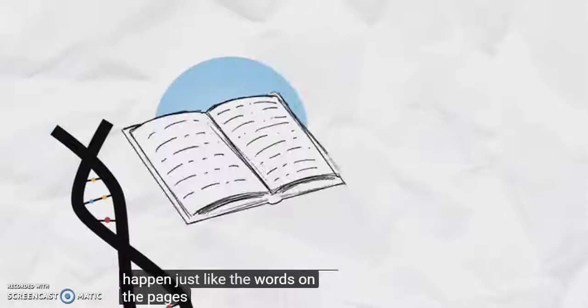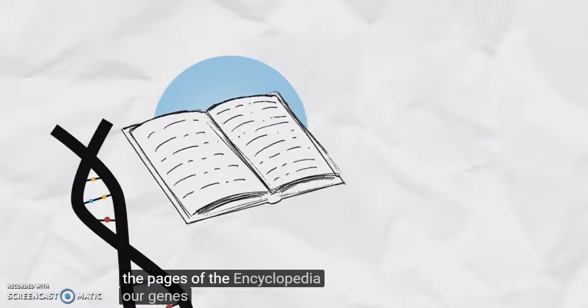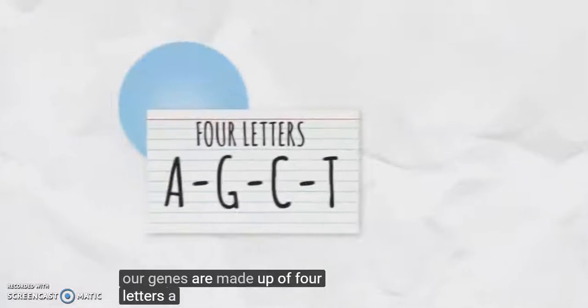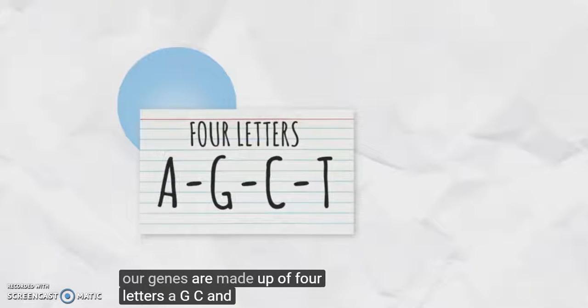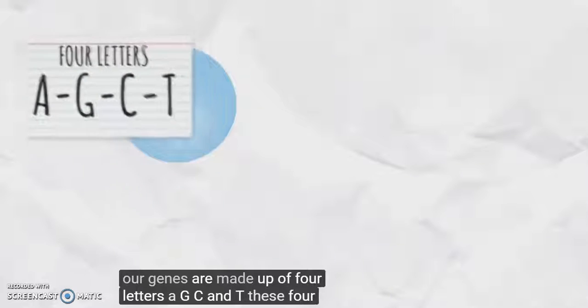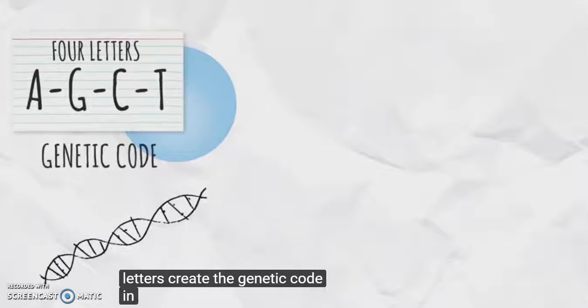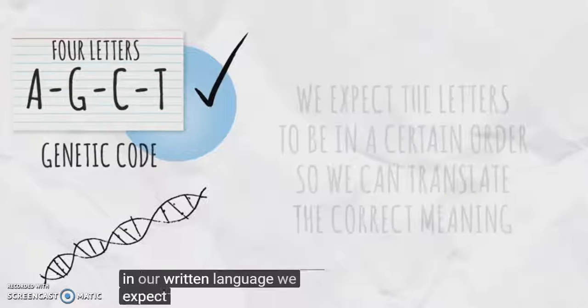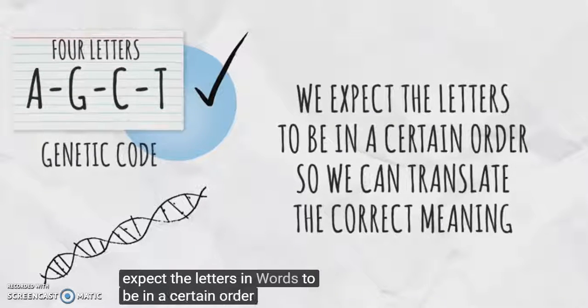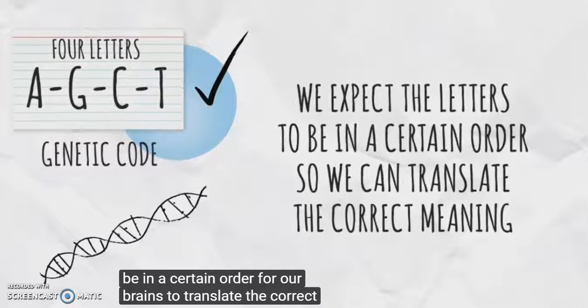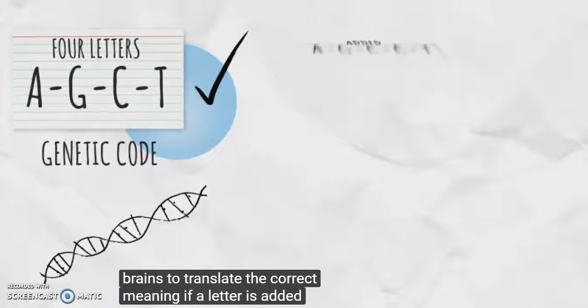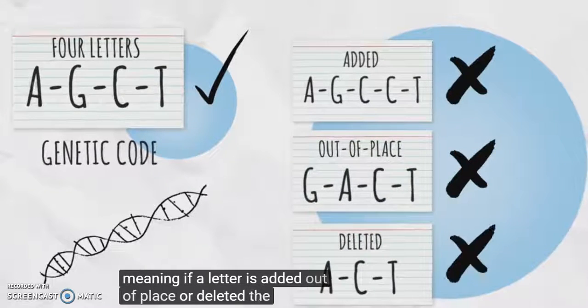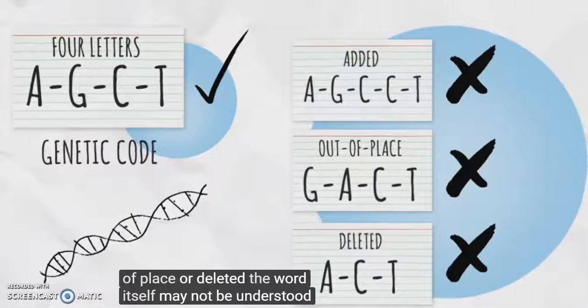Just like the words on the pages of the encyclopedia, our genes are made up of 4 letters: A, G, C, and T. These 4 letters create the genetic code. In our written language, we expect the letters in words to be in a certain order for our brains to translate the correct meaning. If a letter is added, out of place, or deleted, the word itself may not be understood.